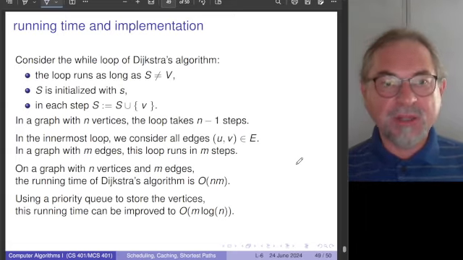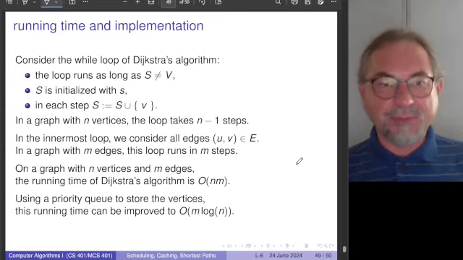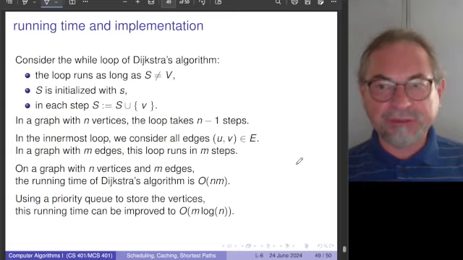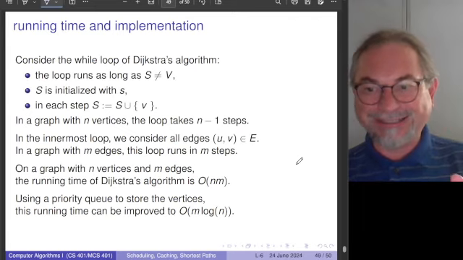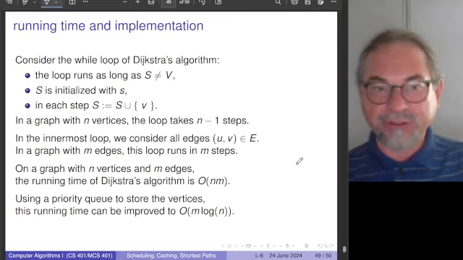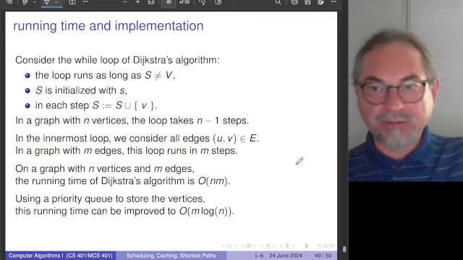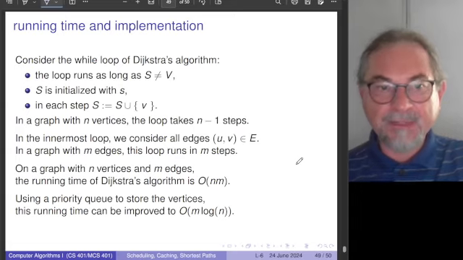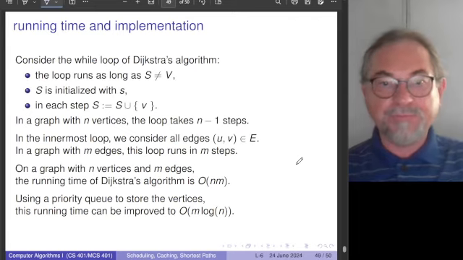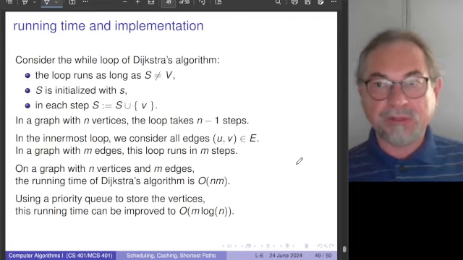So if we have a priority queue to store the vertices, where we use the distance as the key, so for every vertex we store the distance as the key, then the running time can be improved to m times the logarithm of n.